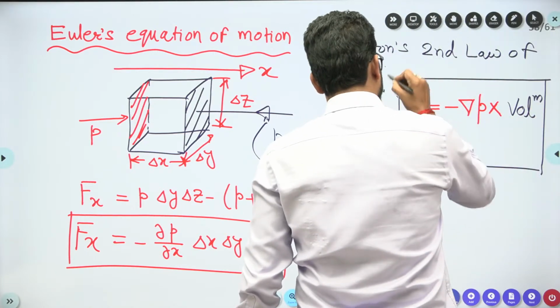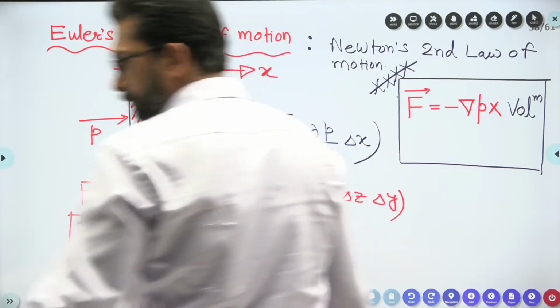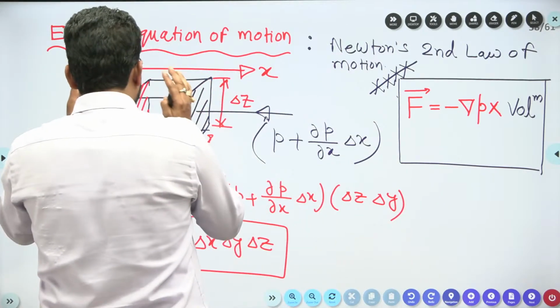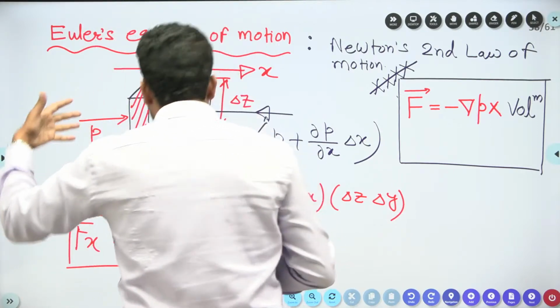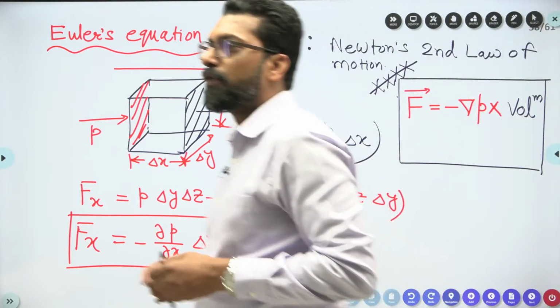Very important, I'm telling you. This gives you a feel for it. If an inviscid fluid is moving with the help of pressure, the force is the gradient of P times the volume.